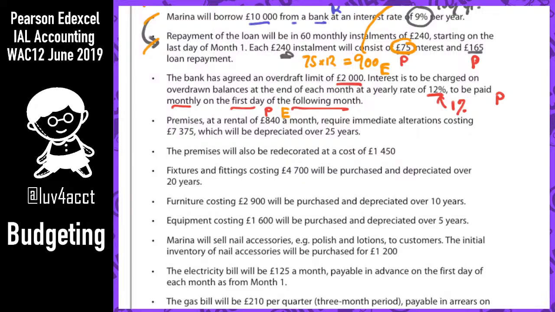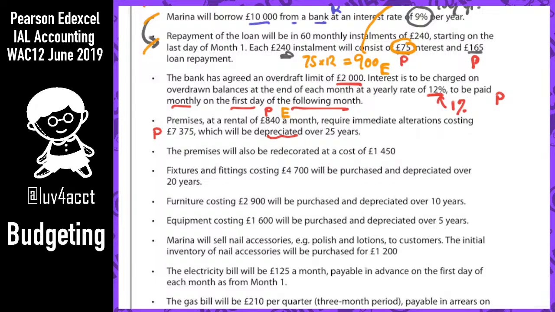Okay, and these premises require immediate alterations, which will be depreciated over 25 years. First of all, we need to pay for the alterations, but then this alteration is not an expense because it will be depreciated. It will be treated as a non-current asset.